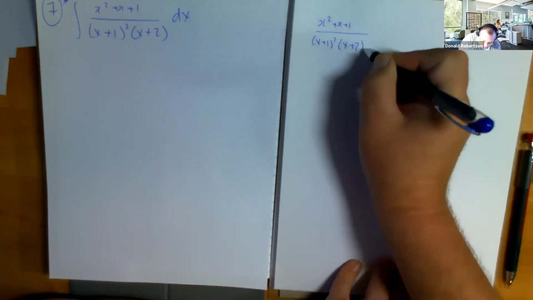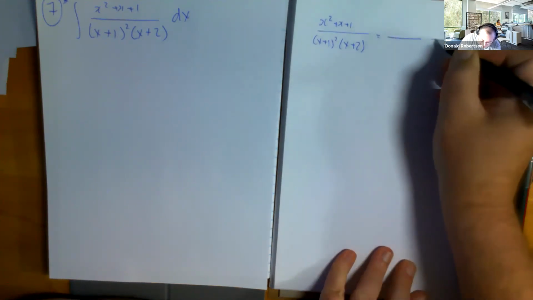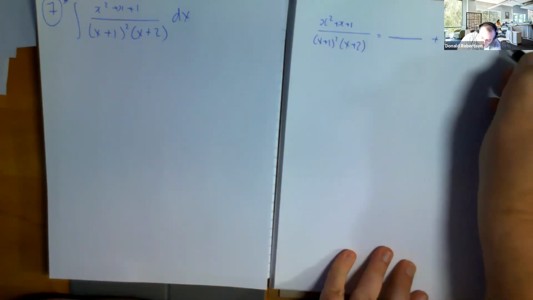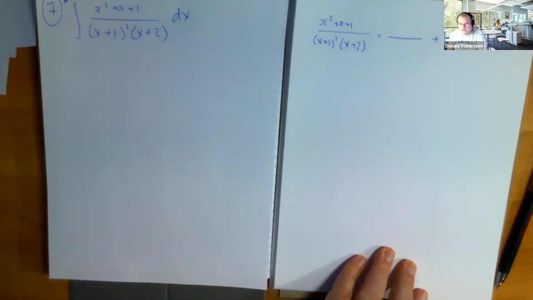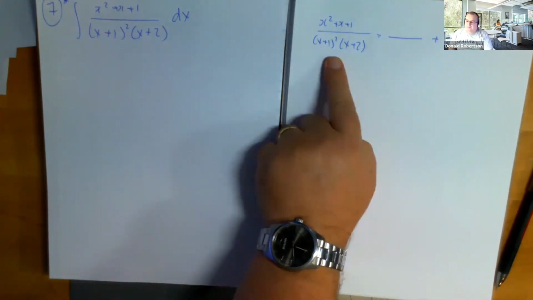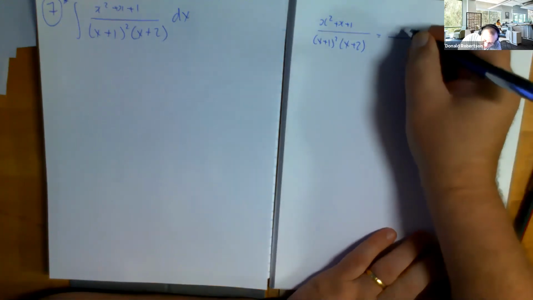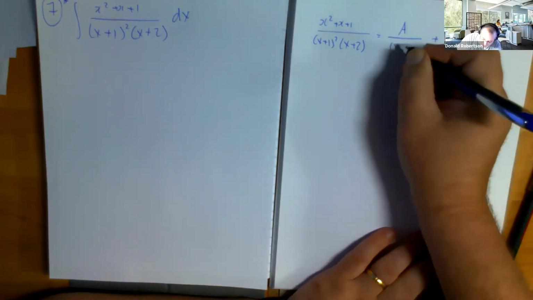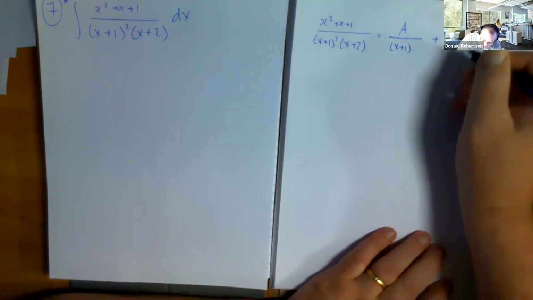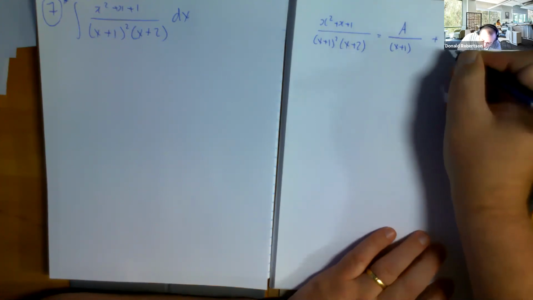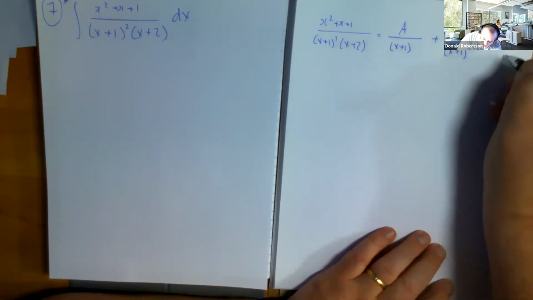Now, I know we only touched on it yesterday. I hope you remember that this actually generates 3 partial fractions. You have an A over x plus 1, a B over x plus 1 squared, and a C over x plus 2.